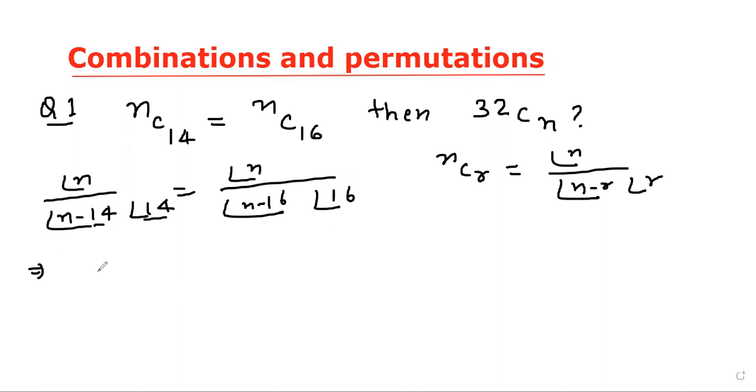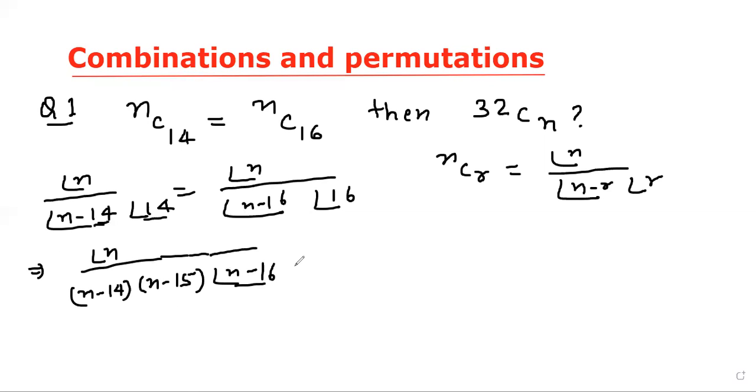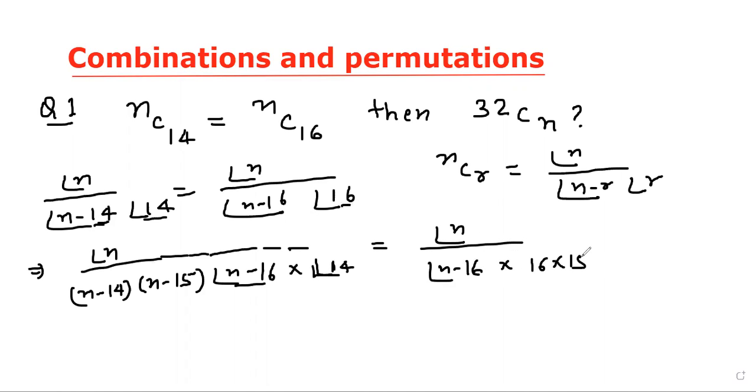So here we can write factorial n divided by factorial n minus 14. Here we can take out n minus 14 and n minus 15 from within the factorial, so it will be n minus 14 times n minus 15 times factorial n minus 16 left, times factorial 14, equals, in the RHS, factorial n divided by factorial n minus 16, and this factorial 16 can be written as 16 into 15 and then factorial 14.